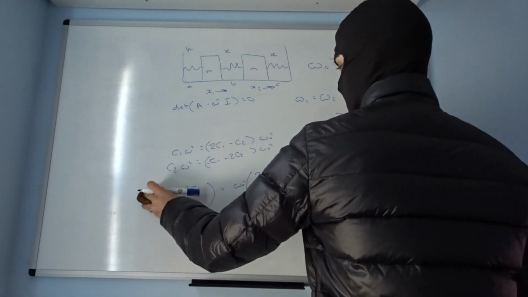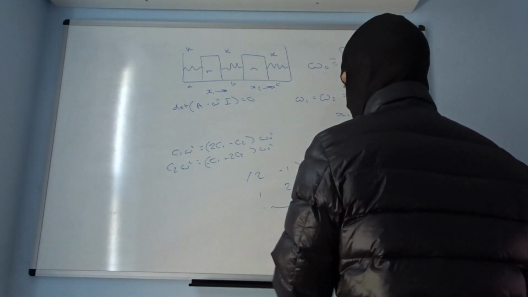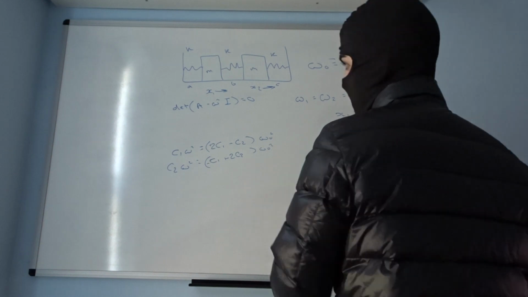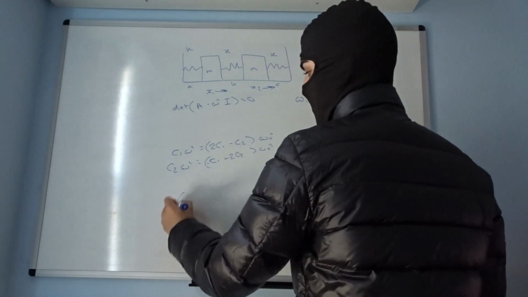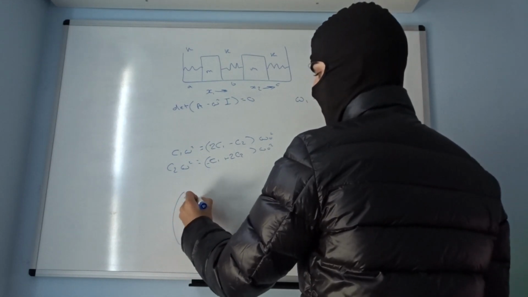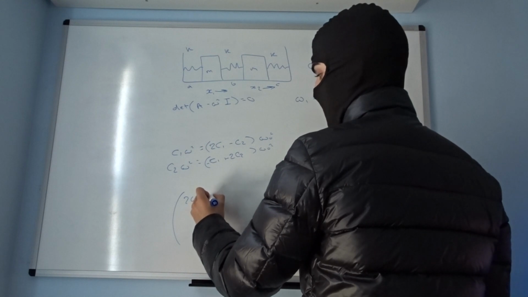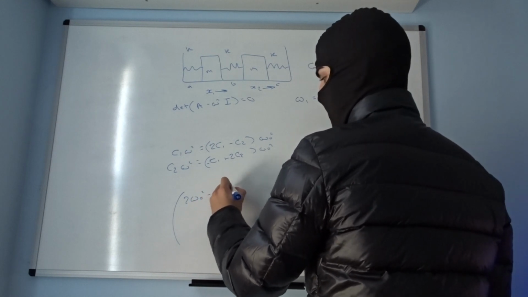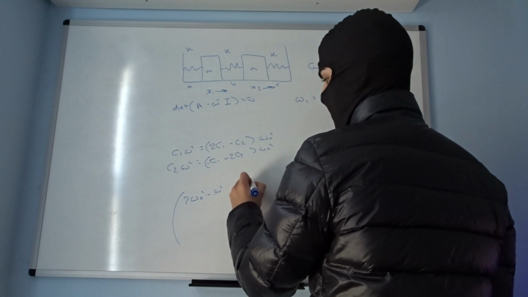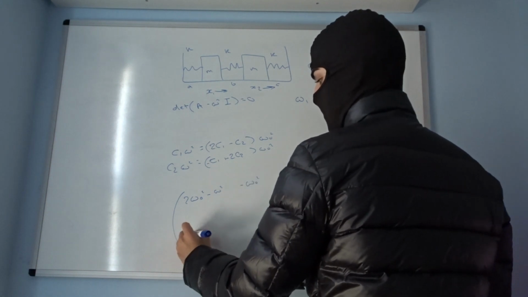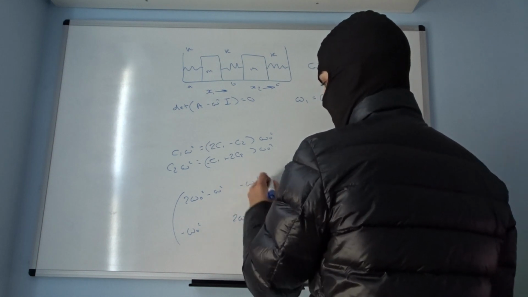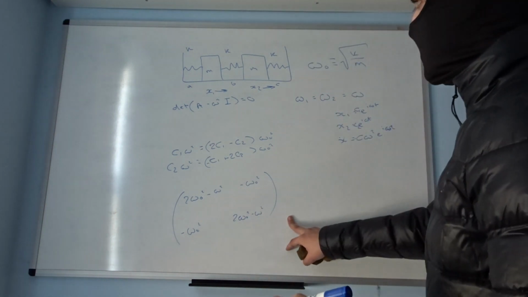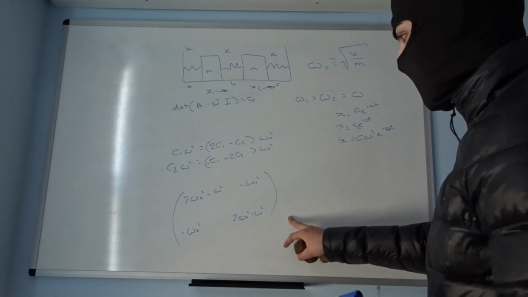So A minus omega squared I is going to be 2 omega naught squared minus omega squared, minus omega naught squared, minus omega naught squared, 2 omega naught squared minus omega squared.